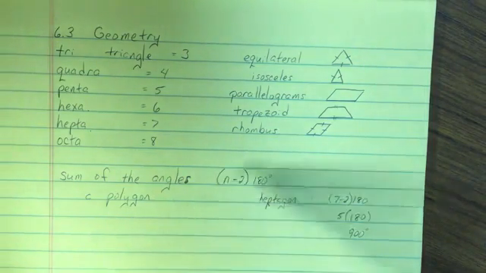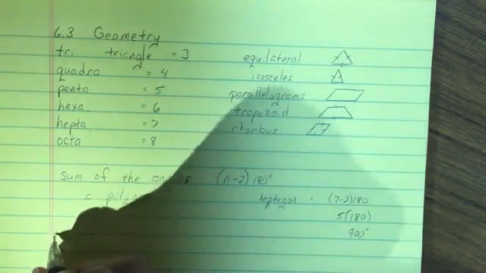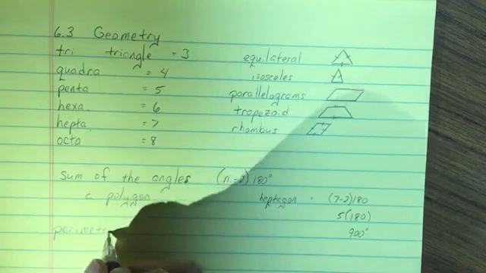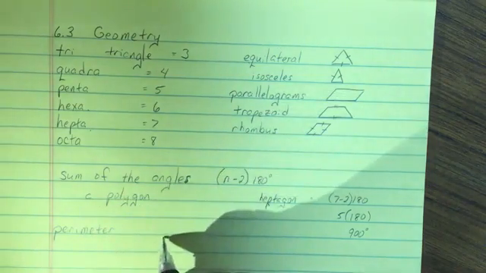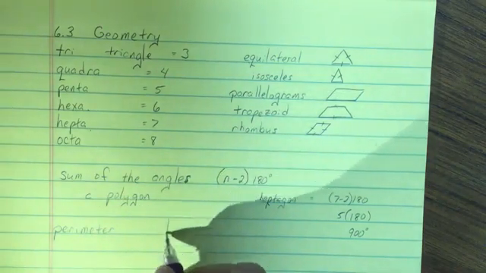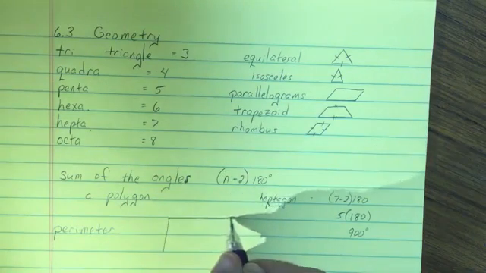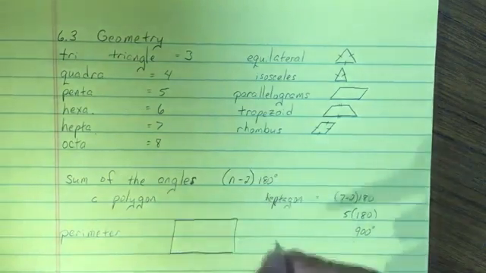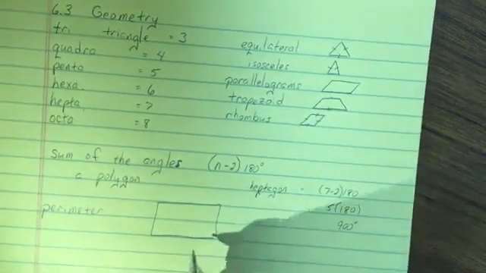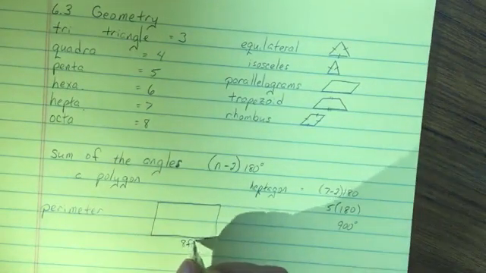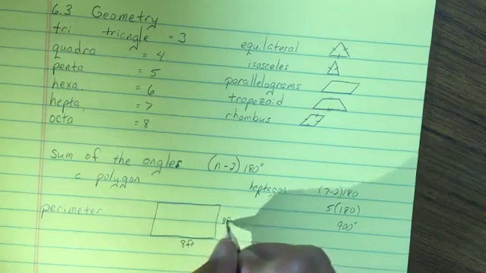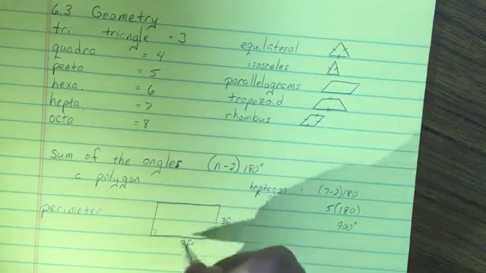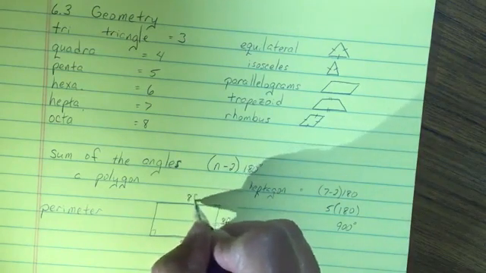So, next thing I want to make sure you guys understand is something called a perimeter. Perimeter is how far it is around, going all the way around a shape. So if this was 8 foot by 3 foot, well, I know this is a rectangle. So if that's 8 foot, that is 8 foot.